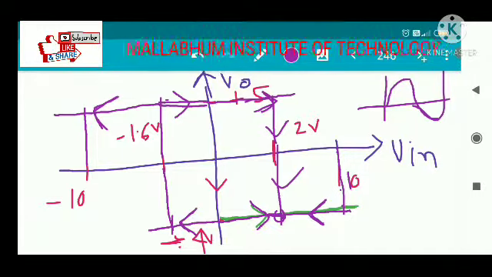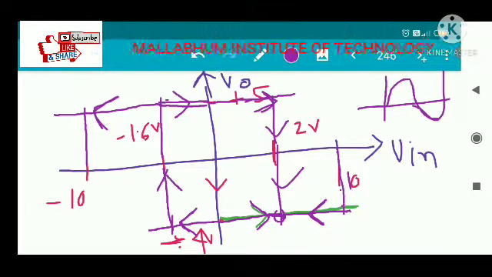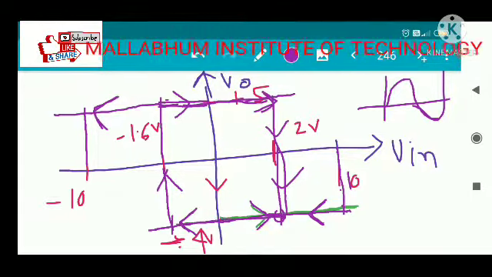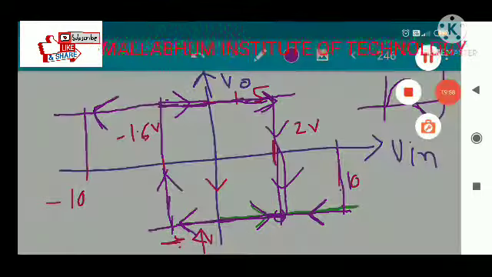Then again it will increase in that direction, to plus 10, and again reduce in that direction. So you can see there is a closed path being formed.